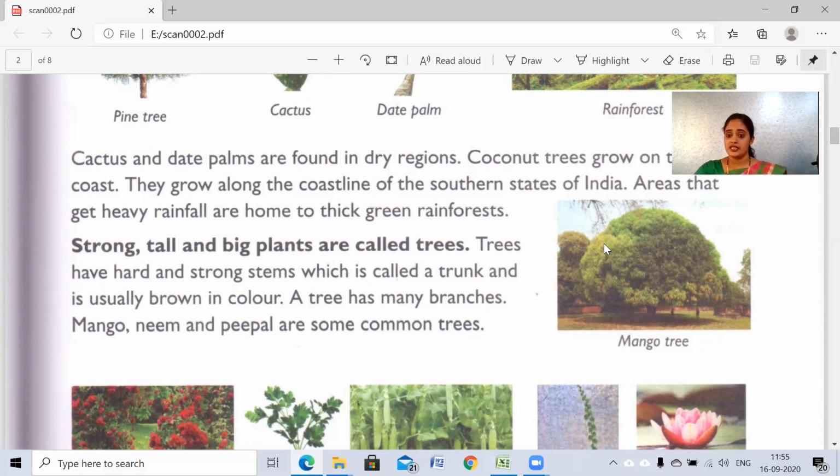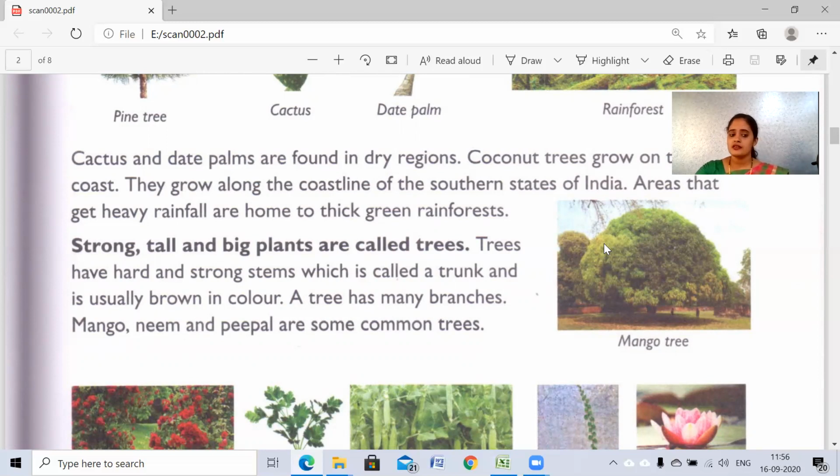If you see the tree, the stem is hard. Yes, the stem is hard and strong. If you see the tree, the stem is so hard, children, and it is very strong when compared to herbs, shrubs, climbers, and creepers.